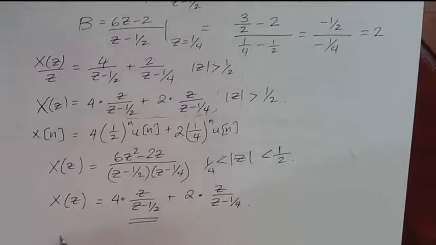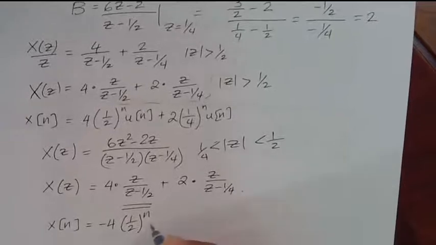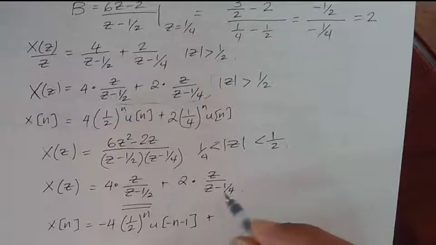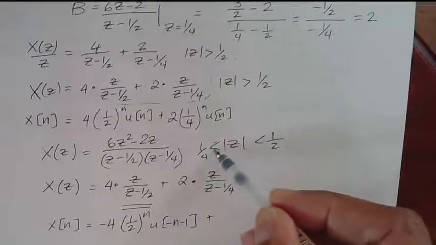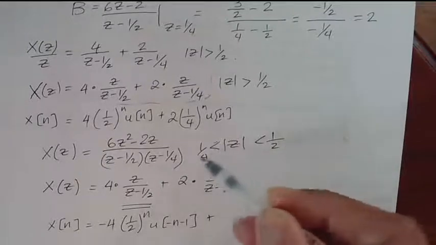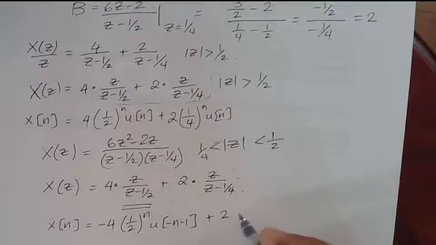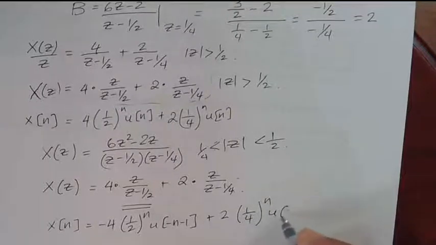And so x(n), as far as this term is concerned, is going to be minus 4 times (1/2) to the n, u of minus n minus 1. And as far as the term z minus 1/4 is concerned, the pole is at 1/4, and the region of convergence is outside of that pole, and therefore this won't change. It'll be the same as before.